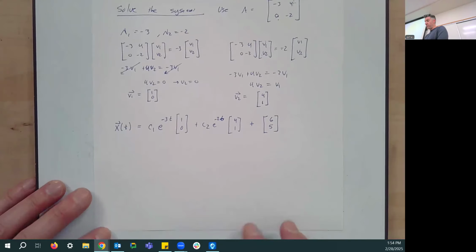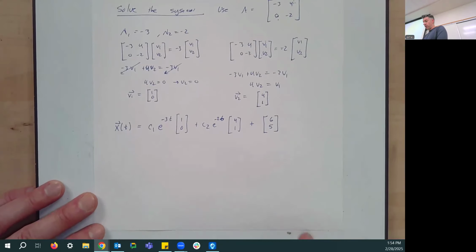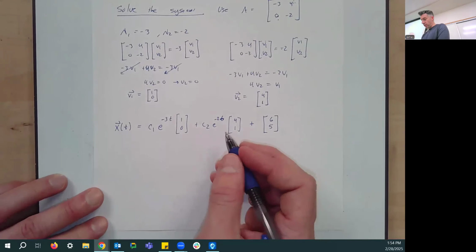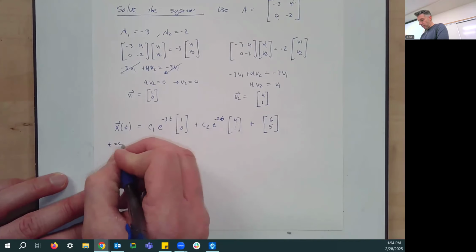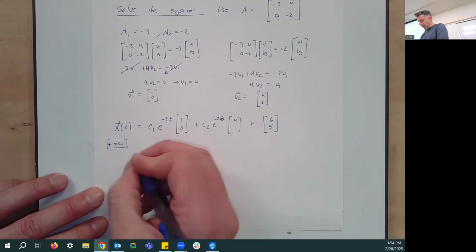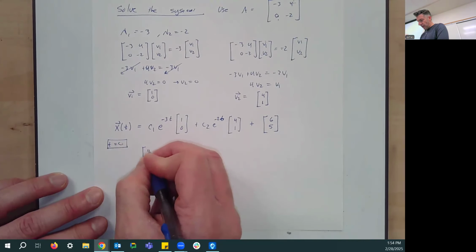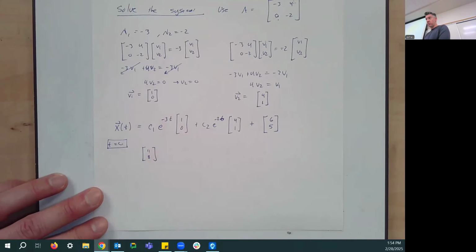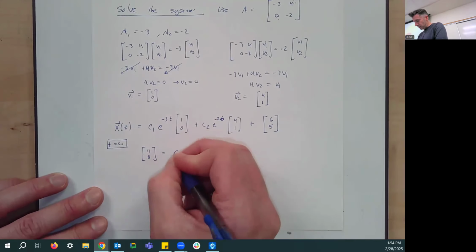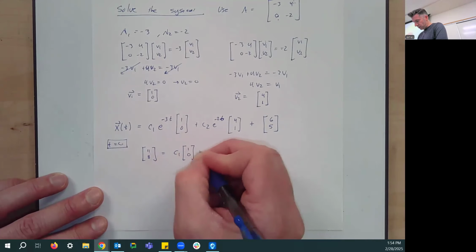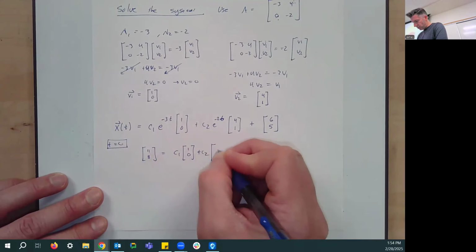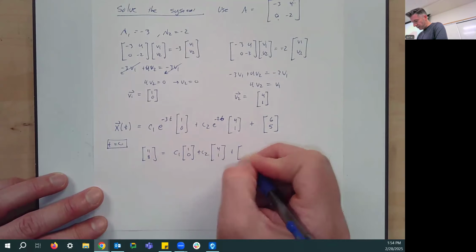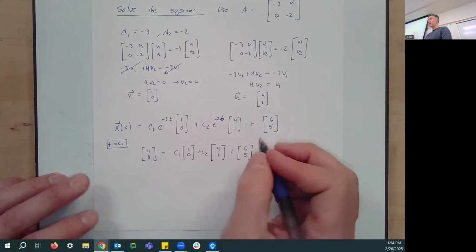And then we have to plug in our initial condition to find our constants C1 and C2. So plugging in t equal to 0, here's what we get. We get x is going to be 11, 8, because that was the given initial condition. And it's going to equal C1 times 1, 0, plus C2 times 4, 1, plus 6, 5. Again, a relatively easy situation to figure out.